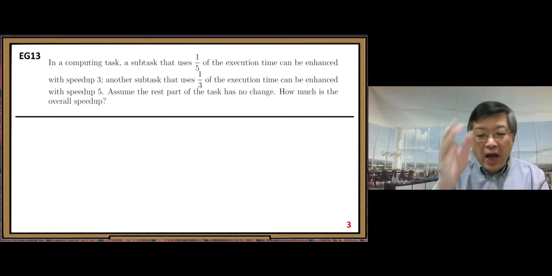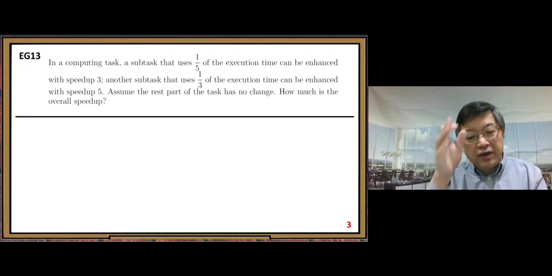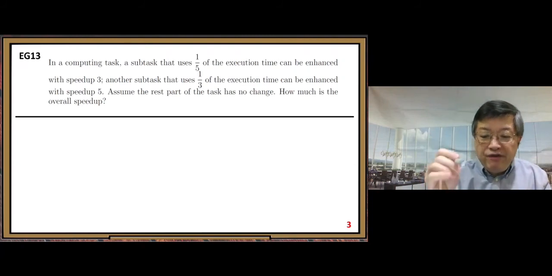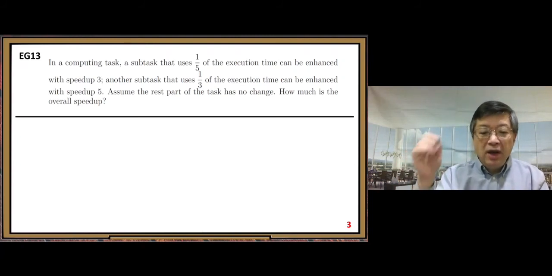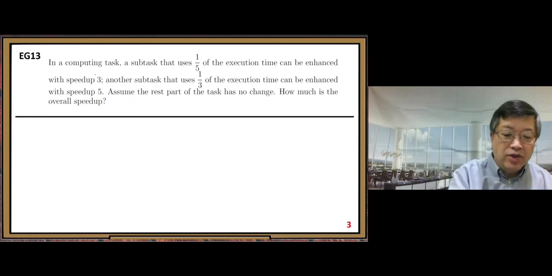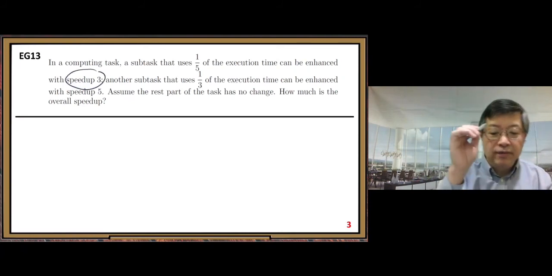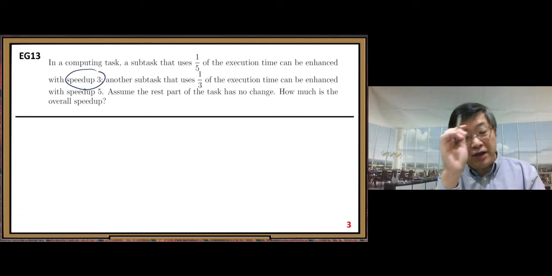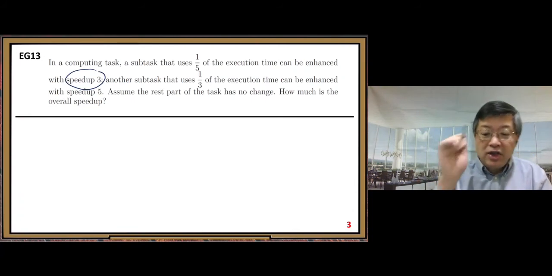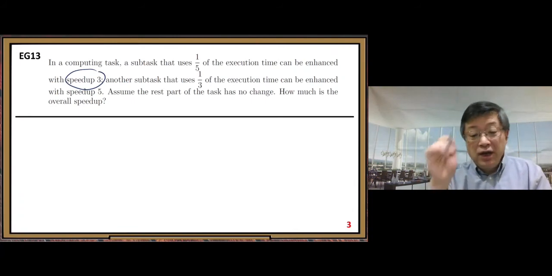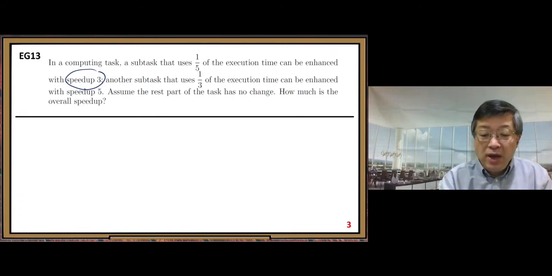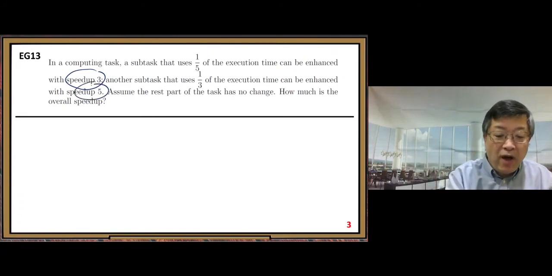In a computing task, a subtask that uses 1/5 of the execution time can be enhanced with speedup 3. That's the first subtask. Another subtask, the second subtask, uses 1/3 of the execution time and can be enhanced with speedup 5.